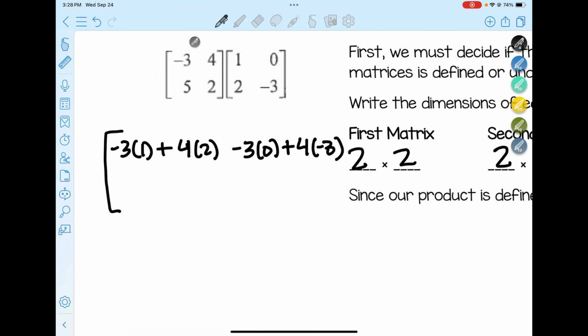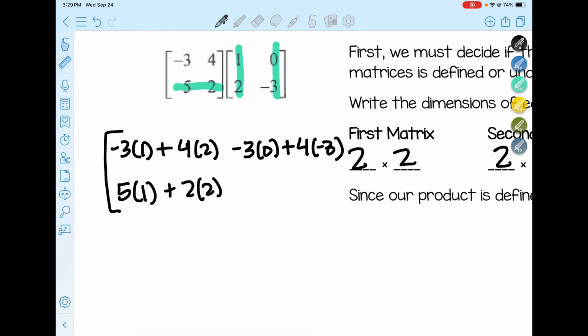Now we're going to do the same thing with the bottom. So I'm going to go this second row times this first column. So I'm going to go 5 times 1, then plus 2 times 2. And for this last one, I do that second row times this last column, resulting in 5 times 0 plus 2 times -3.